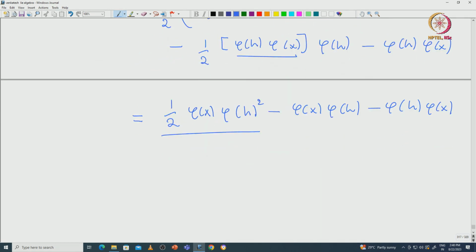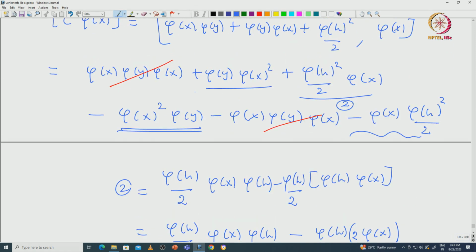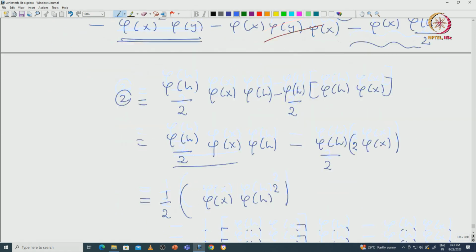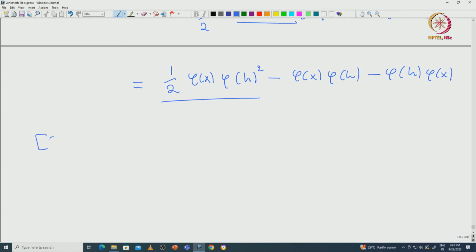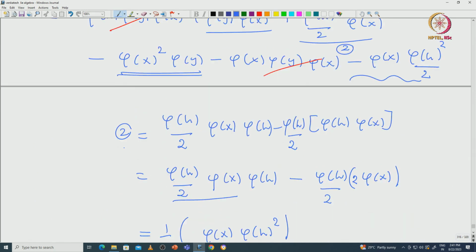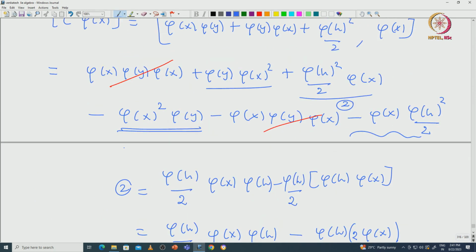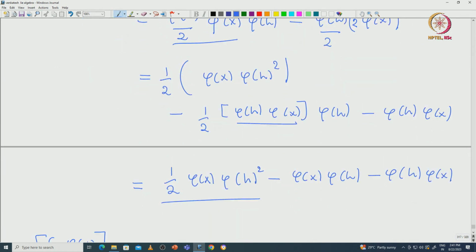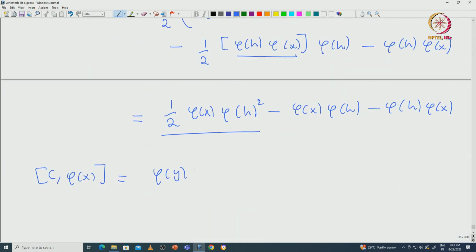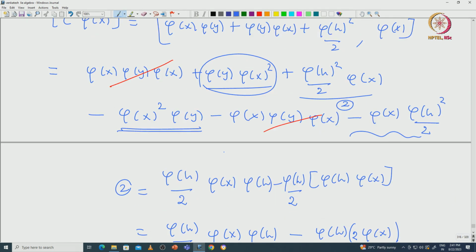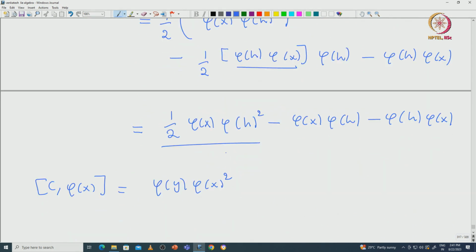So, the left hand side, which is this C phi x, is equal to this term 2 which we are writing. So, this is already there, this is also we need to compute. Phi y phi x square, and then if you use this, this is let us say minus. So, I can also switch this.